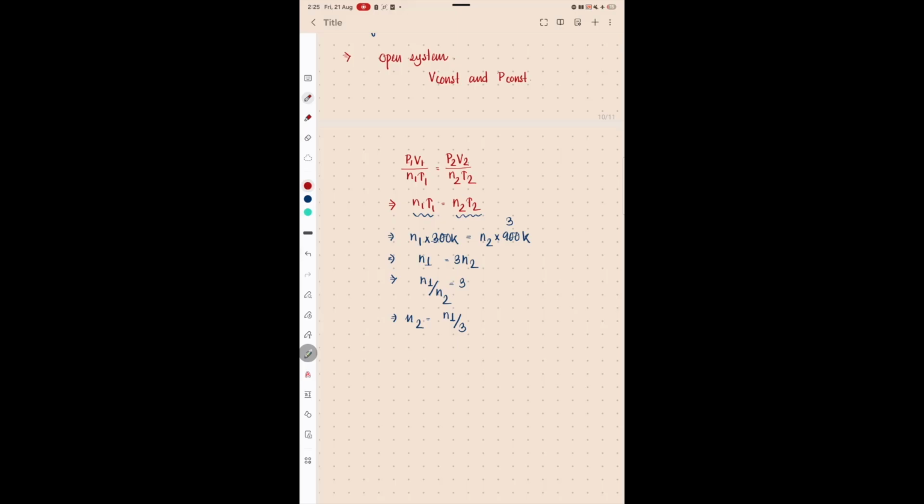So you see that now 1/3 N1 fraction remains in the container at 900 K, right?